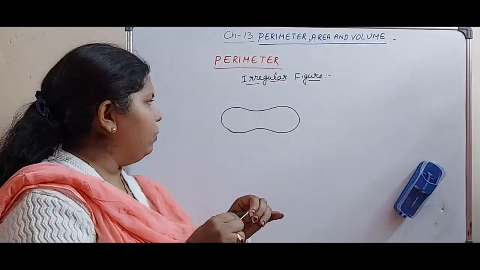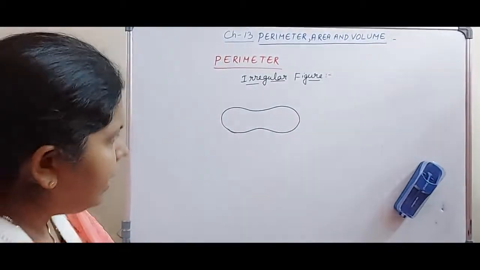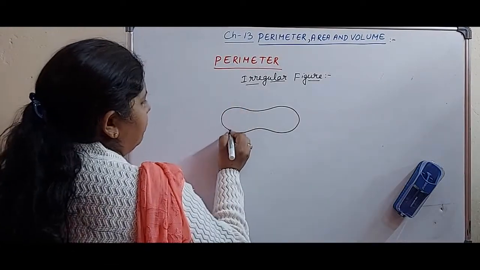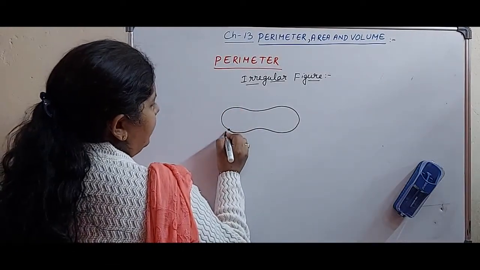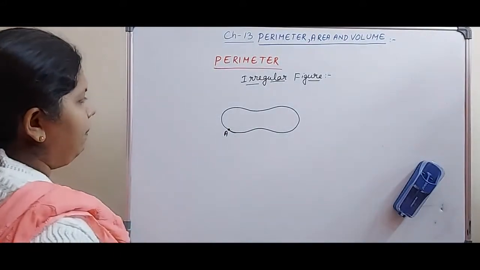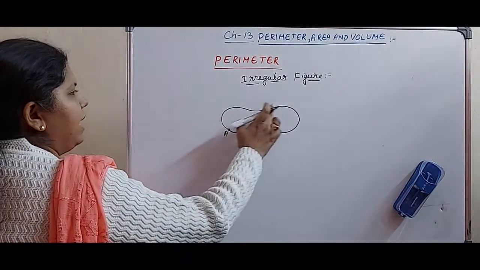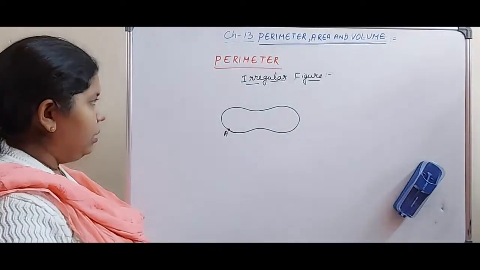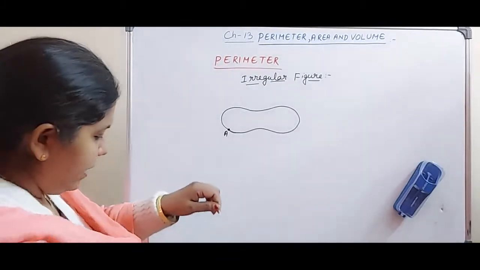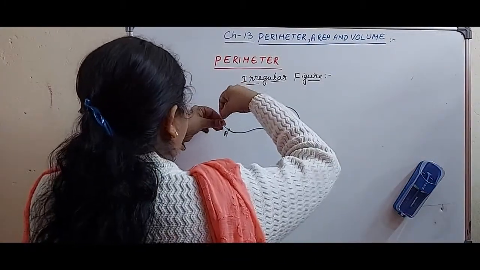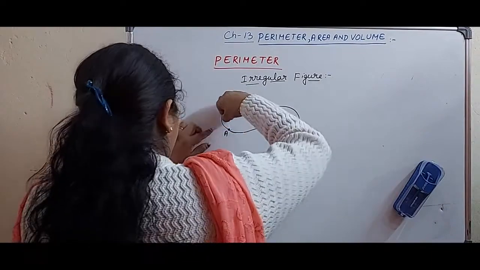I have got wool in my home. So from whichever point I am starting to measure, suppose I am starting from this particular point, I will mark it as A. Why? Because from this point I will start, and at this point only I have to end. So I will use my thread here to measure this. See, I have placed the end of my wool here.